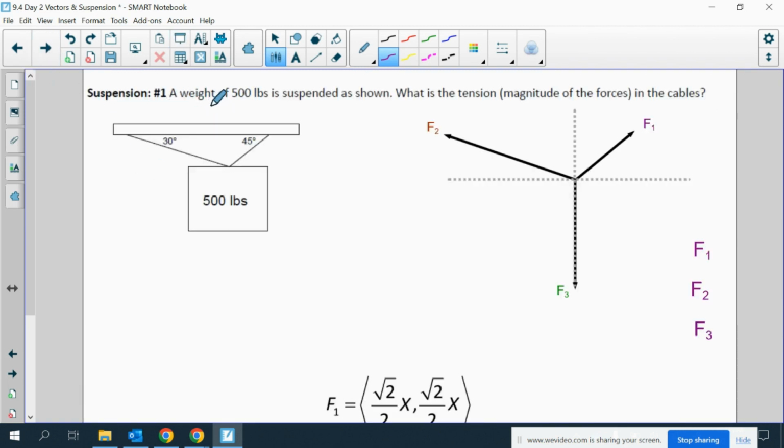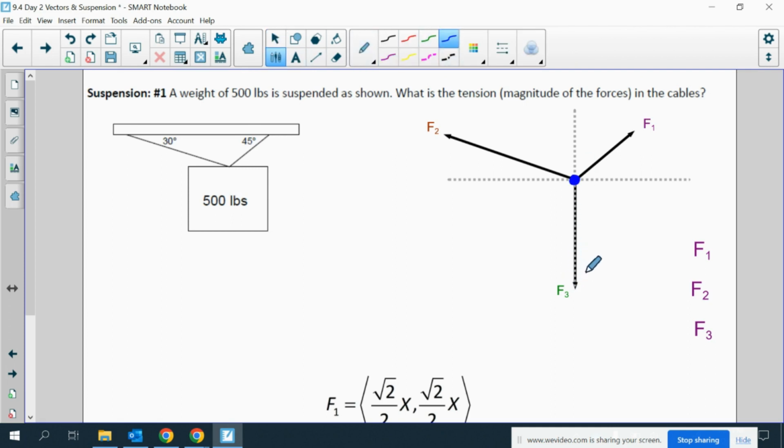So let's take a look at this problem. We have a box that's 500 pounds, or a suspended weight that's 500 pounds, and it's not moving. So we want to find the tension of the forces in the cables. So what we would do is we have this force diagram.